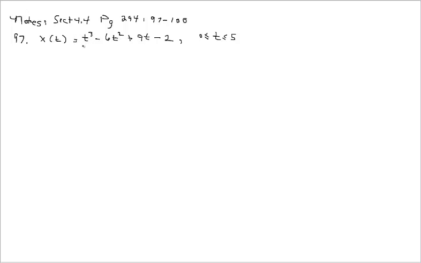Okay, so our objective in 97, given this position function and this interval of time, is to find the total distance the particle travels in 5 units of time. Well, we need to consider that the particle may have traveled left some steps and traveled right some steps and then maybe back left and back right. So we've got to add all the steps.